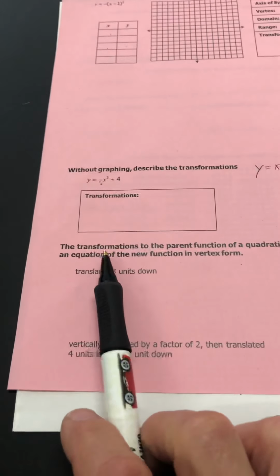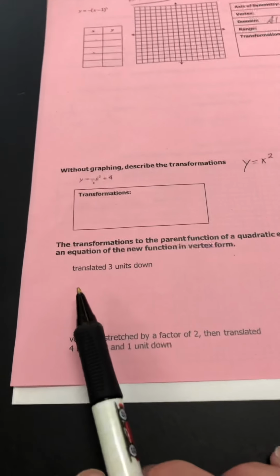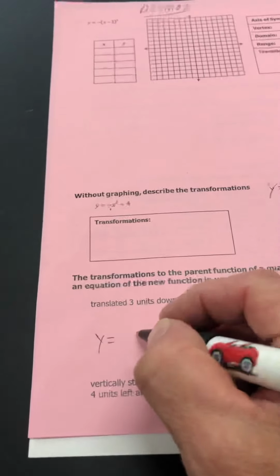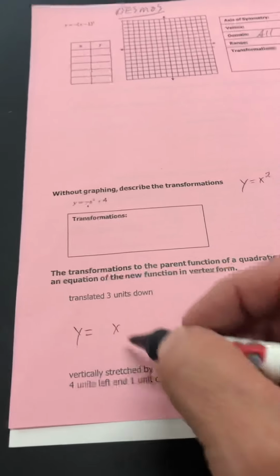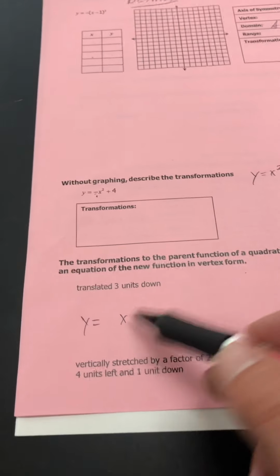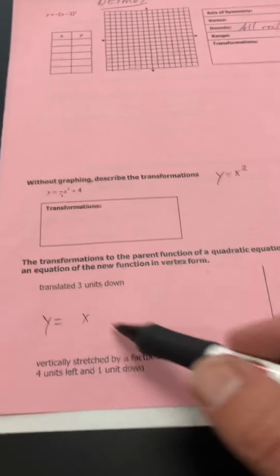Then you're going to take this information and come up with an equation. So you're at y equals, and then you're just going to add to the parent function. So translated 3 units down. You could put that x squared, and then where are you going to put 3 units down?